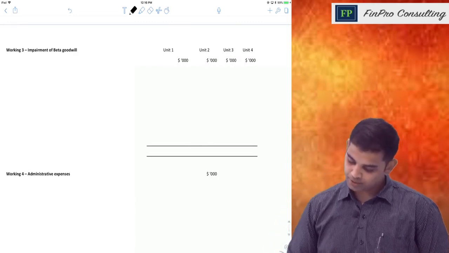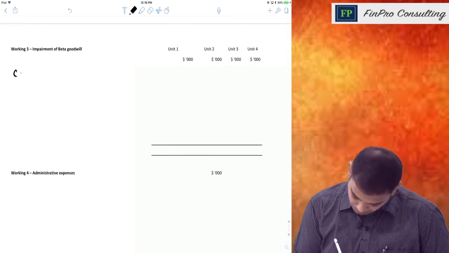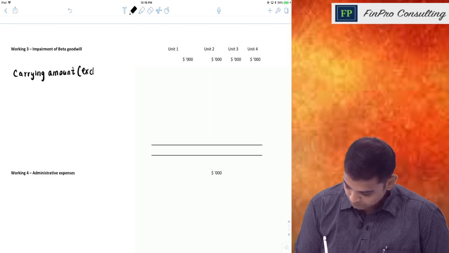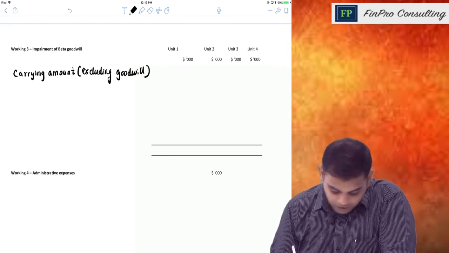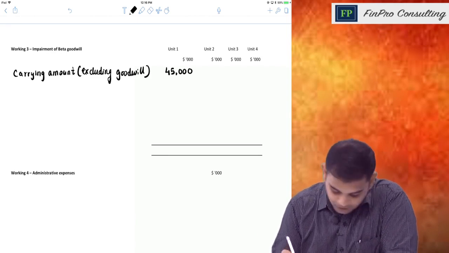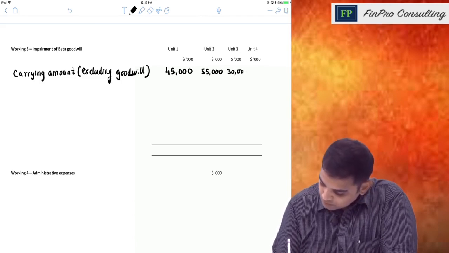Right. So first item will be whatever is given in the problem, carrying amount excluding goodwill. What are the amounts? Unit 1 is 45,000, then 55,000, then you have 30,000 and 30,000.